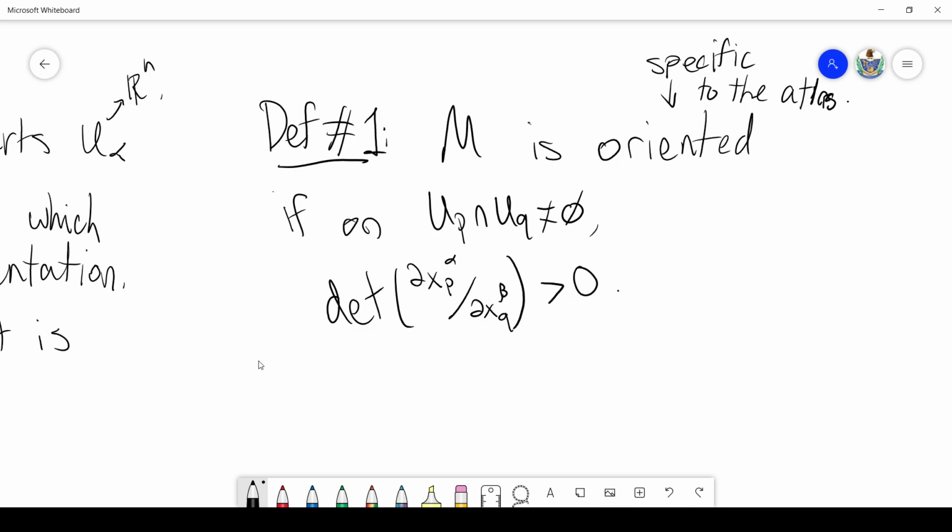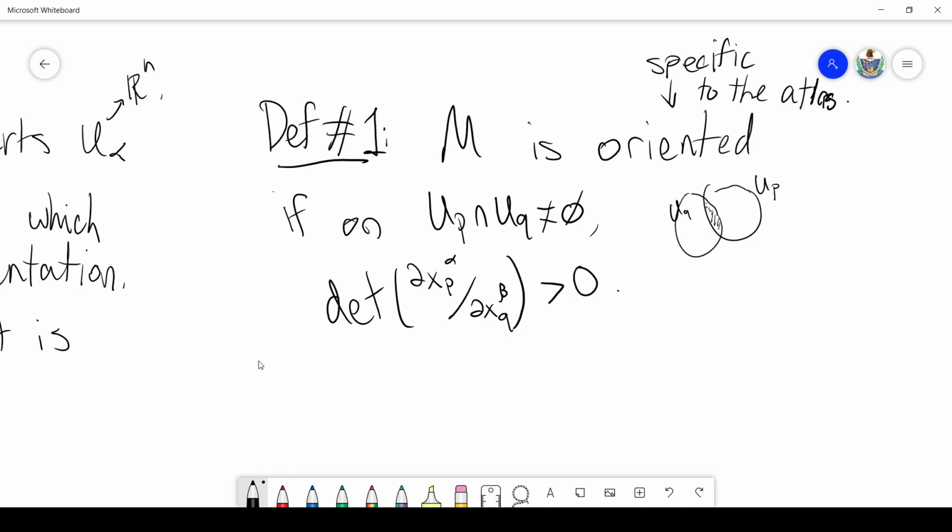And remember, we specified in the definition of a manifold that this is always going to be non-zero. Since it has a continuous dependence on the overlap, let's say we had two regions here, UP and UQ.